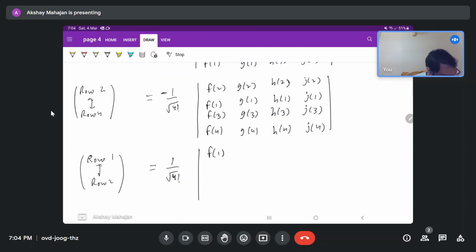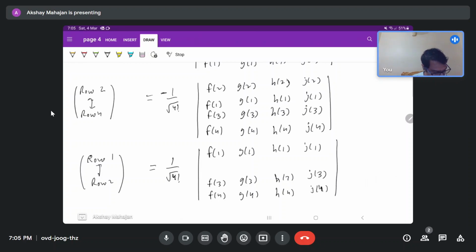First write what is not changing, which are row 3 and row 4, J4, and then interchange row 1 and row 2: F1, G1, H1, J1, and F2, G2, H2 and G2. Since we again interchanged one row, again we have a minus sign.